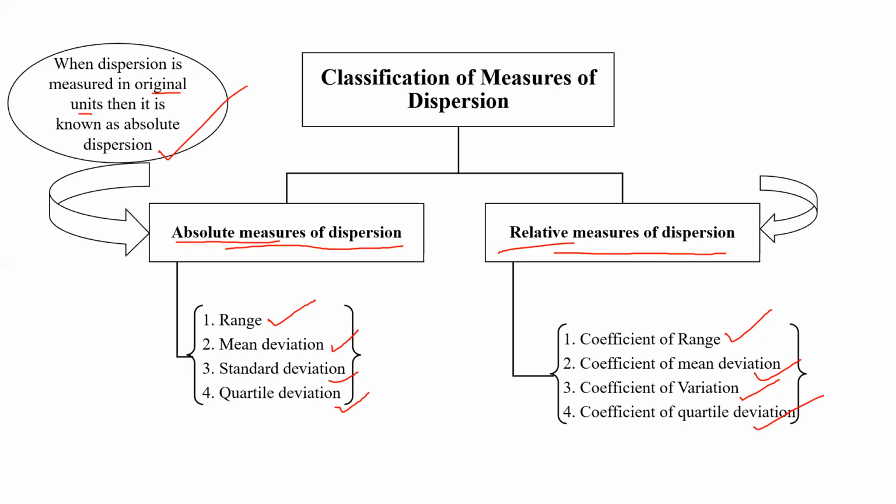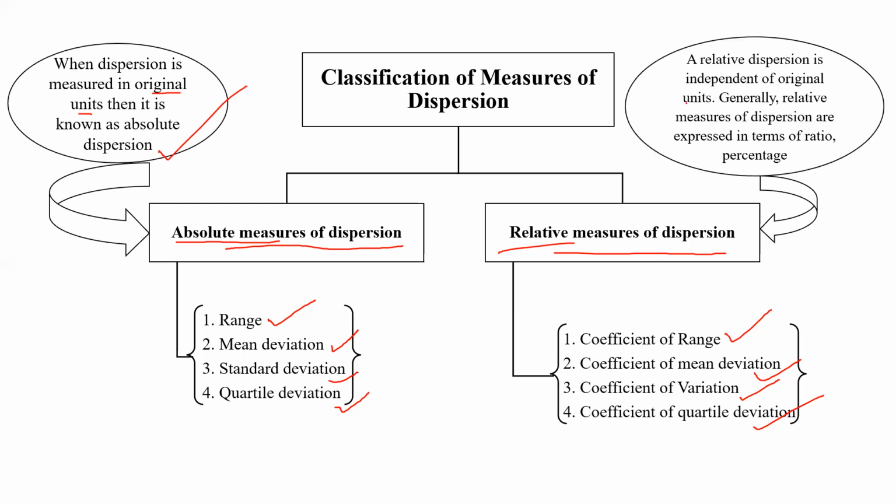And in relative measures, the relative dispersion is independent of the original units. Generally, relative measures of dispersion are expressed in terms of ratio or percentage. So this is the basic information about measures of dispersion.